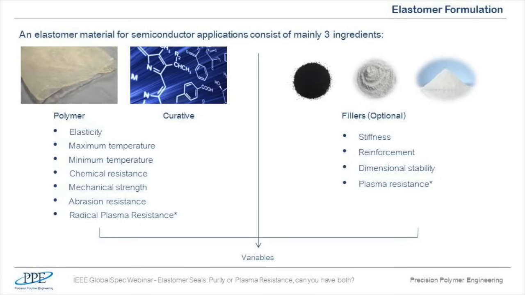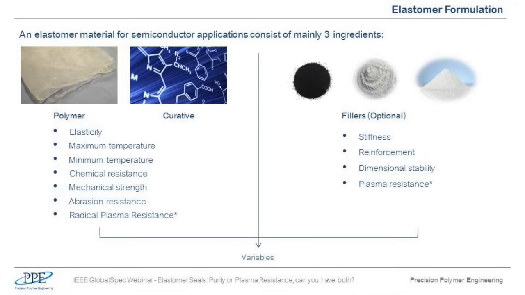So you can't have everything in one, but you can try to ensure that the filler system used reduces the risks of particulation. The common option for a filler is carbon black. Most of the black O-rings have carbon black in them, but carbon black leaves a powder residue at the surface when it's exposed to plasma, which means that it causes particulation.